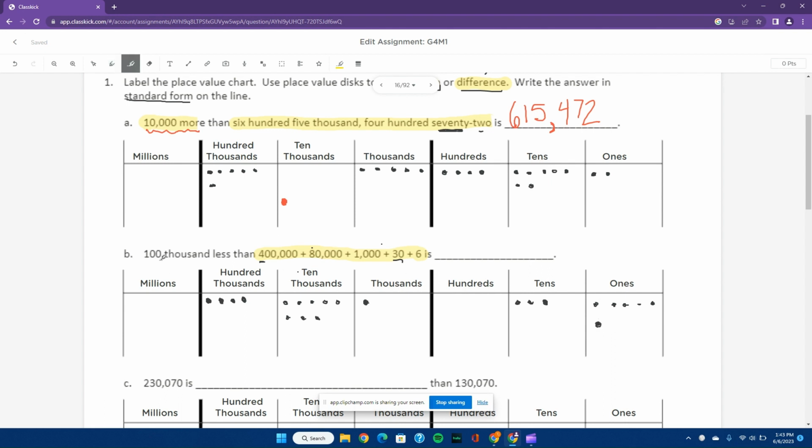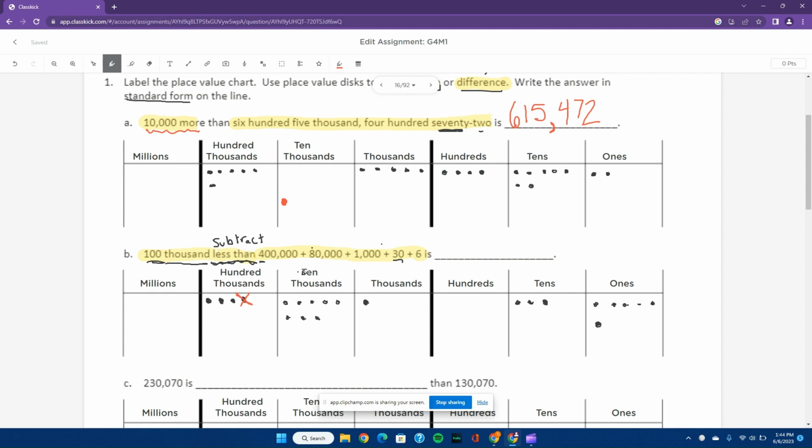Now my problem says 100,000 less than being the big indicator. Less than would mean that I need to subtract. So I'm going to remove or take 1 away from the 100,000s place. So I'll grab my color red, and I'm going to get rid of this one.